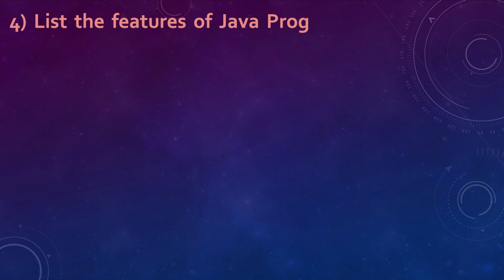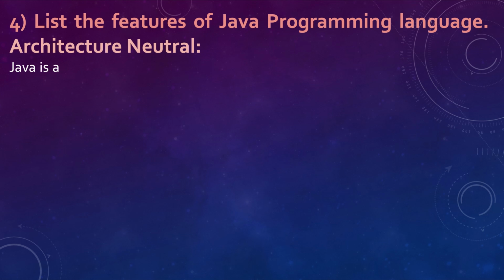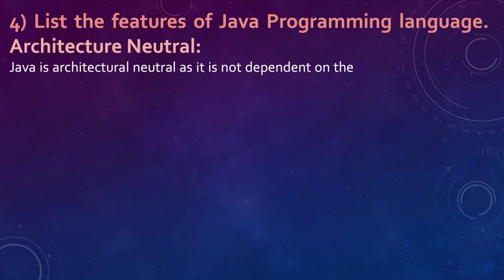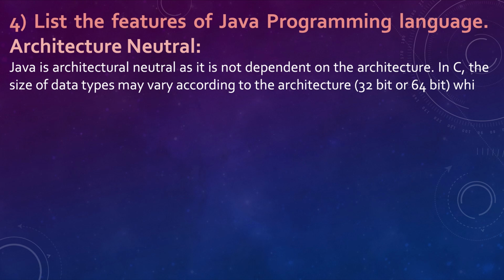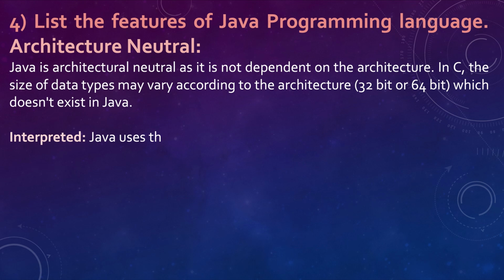List the features of Java programming language. Architecture neutral. Java is architecture neutral as it is not dependent on the architecture. In C, the size of data types may vary according to the architecture, 32-bit or 64-bit, which does not exist in Java. Interpreted.